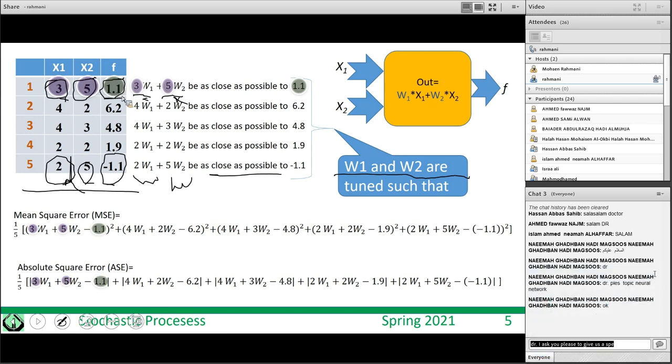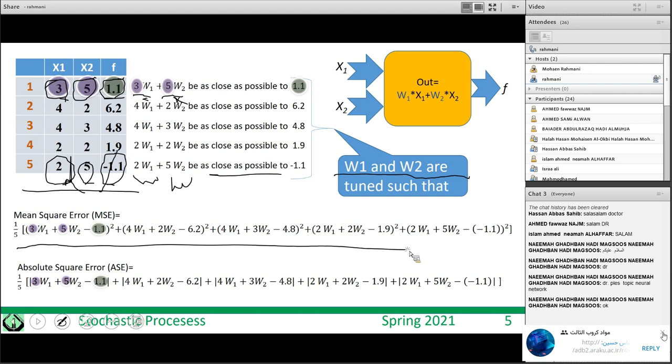In order to have this, I say that I have to minimize this.